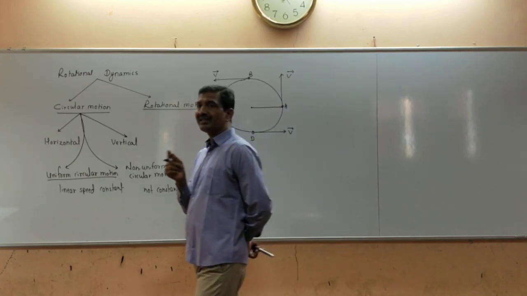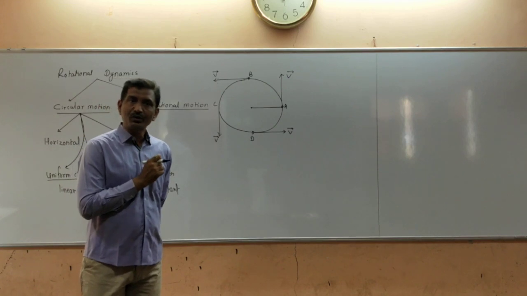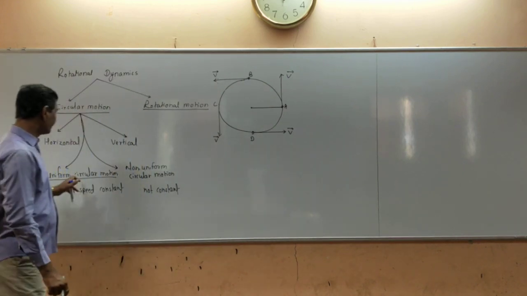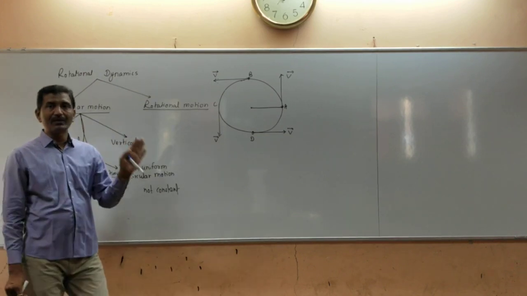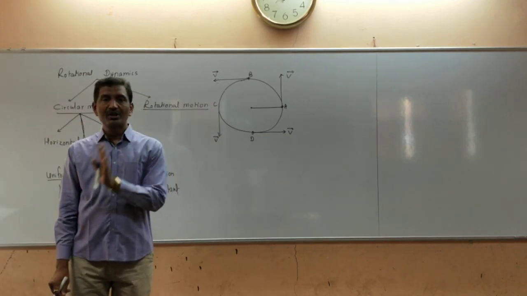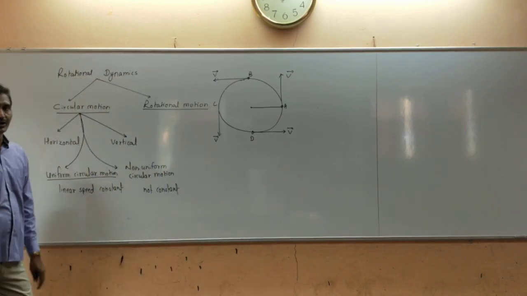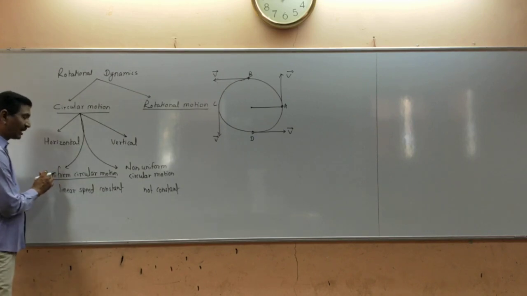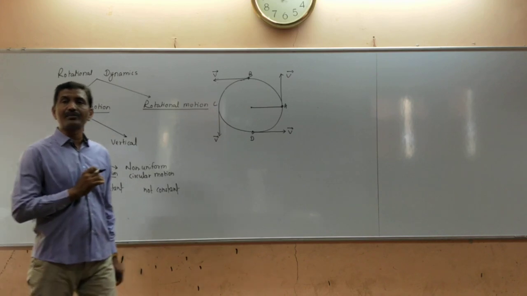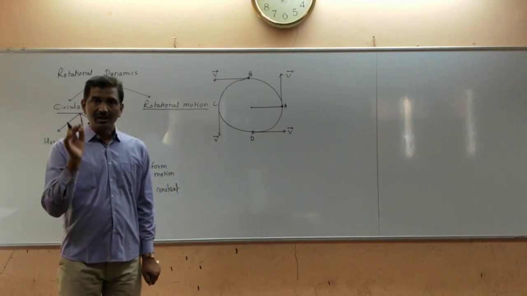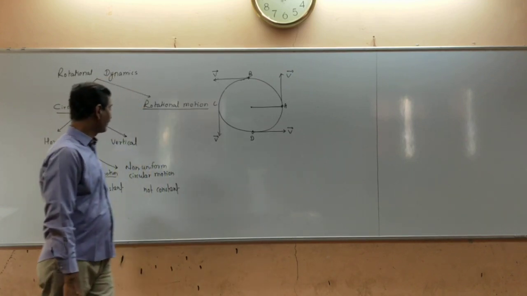Earth takes the same time to complete each revolution, that is why its motion is periodic, and its motion is also uniform circular motion. But in case of the pendulum of a clock, the motion is periodic, but it is not circular motion. That is why we conclude that every uniform circular motion is periodic motion, but every periodic motion is not circular motion.